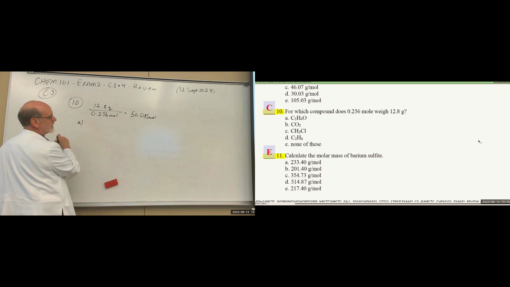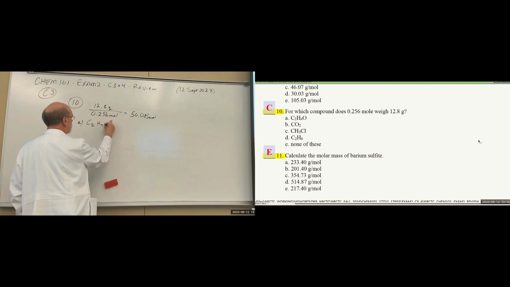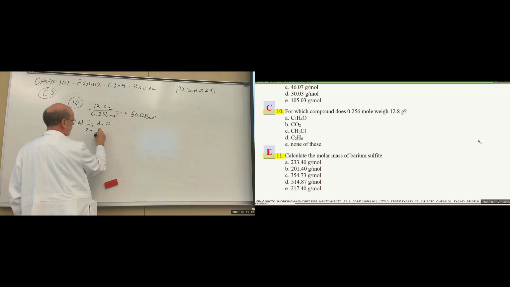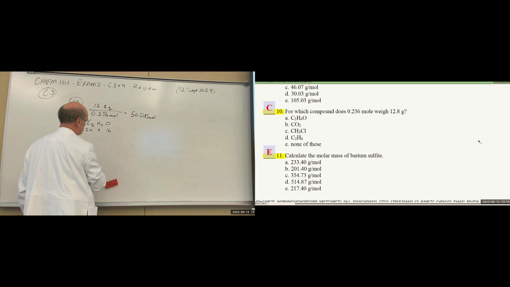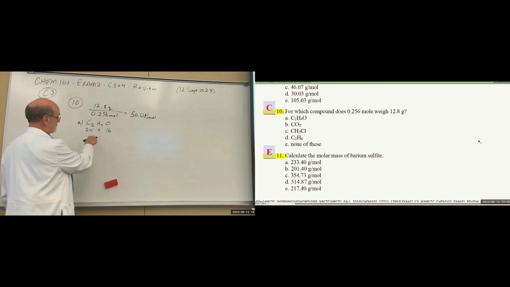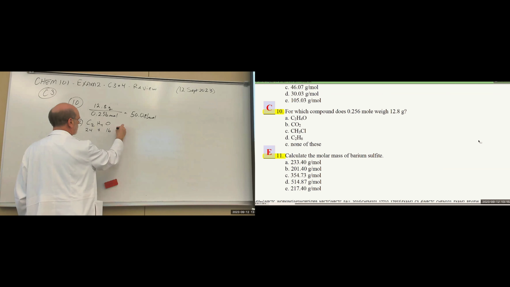A is C2H4O. This is 2 times 12.01, which is about 24. This is about 4. This is 16. I'm just going to estimate. 24 and 16 is 40, 44.